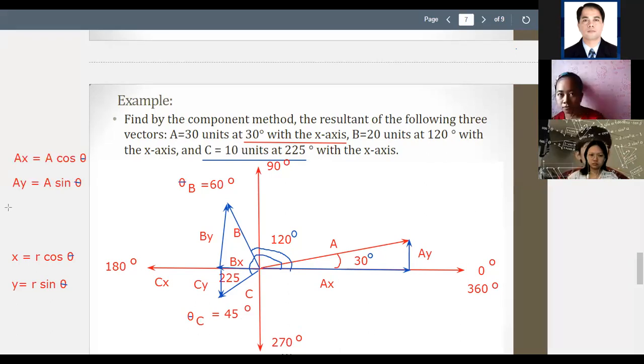So we have here AX, which is A cosine theta, and AY, A sine theta. Now, if we substitute the values, how much will be our A sub X? I want you to get your calculator. If A is 30 units, that's 30 cosine of 30 degrees.